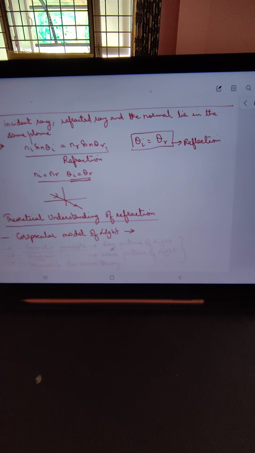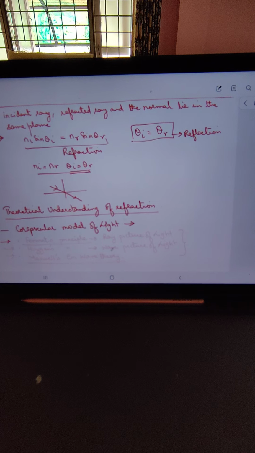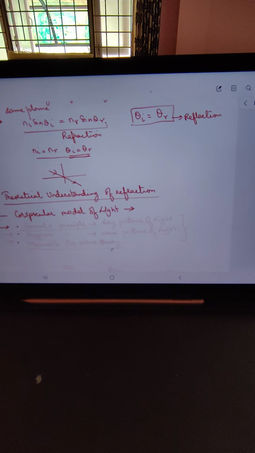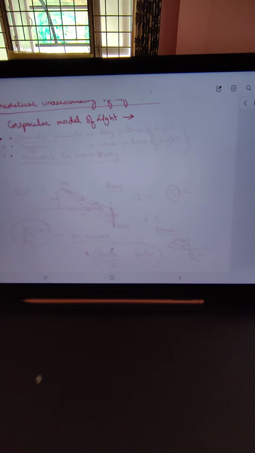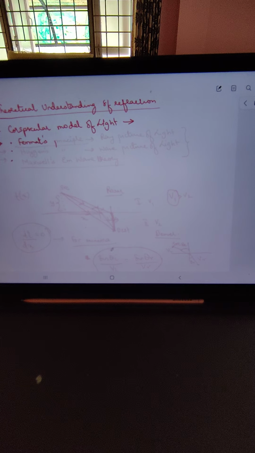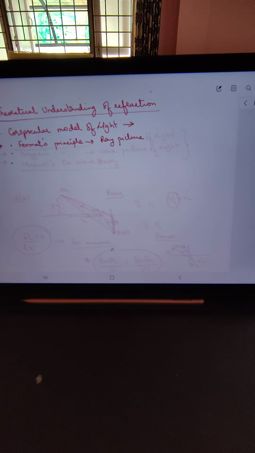Then this phenomenon of refraction can be explained using three different viewpoints. So first is using Fermat's principle, you can explain. Again, this is within the ray picture of light. So you are treating light as a ray.